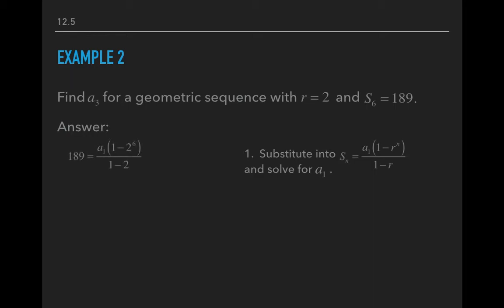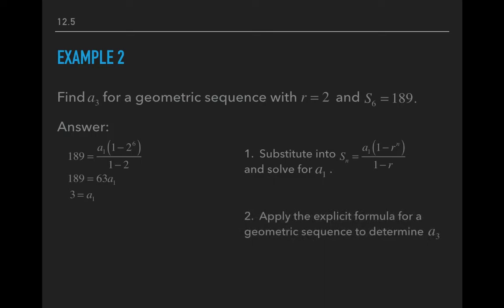We know that the sum of those 6 is 189, the rate is 2, and our n value is 6. So plugging those in, 1 minus 2 to the 6th power is a negative 63. When you divide by that denominator, it's going to make that positive because 1 minus 2 is just going to be a negative 1. Then when you divide each side, you find that a1 is 3.